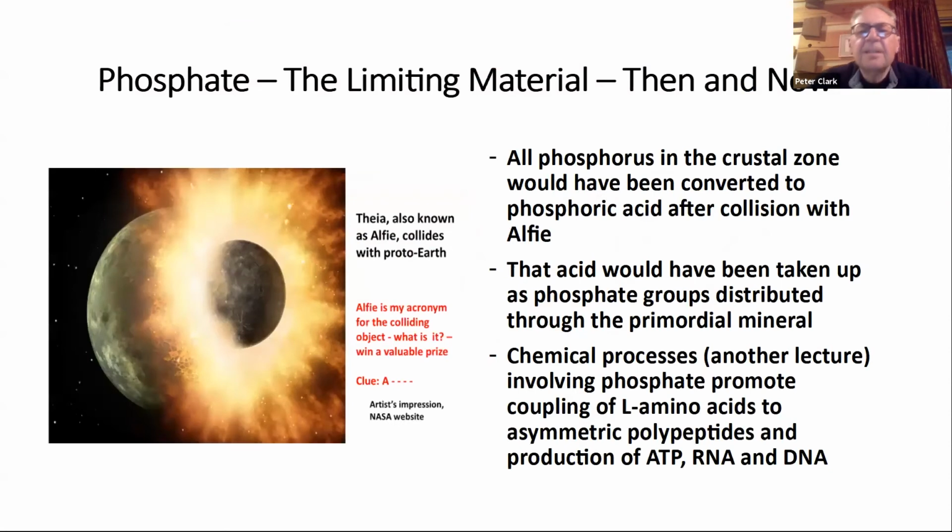I've already said that phosphorus is a relatively rare element compared to carbon and of course magnesium, hydrogen, and a lot of other things. So during the formation of the moon, by this very energetic collision, all phosphorus would have been converted to phosphoric acid. That acid would then have combined with basic oxides in reformation of minerals to form the mineral which I showed in the previous slide, albeit that was just a two-dimensional representation.